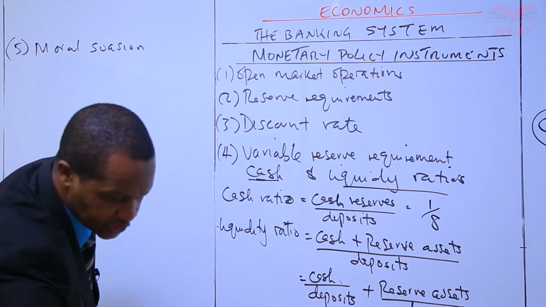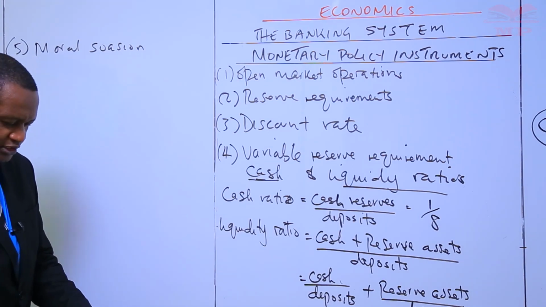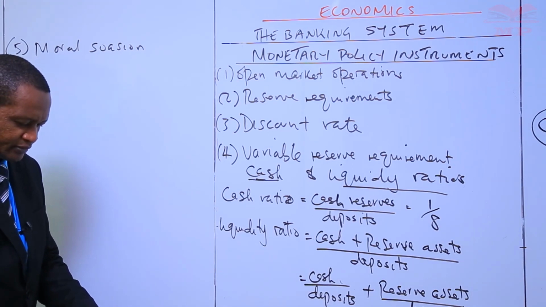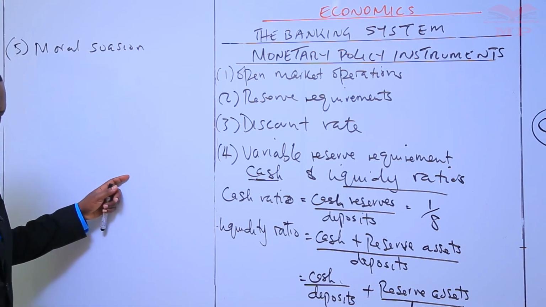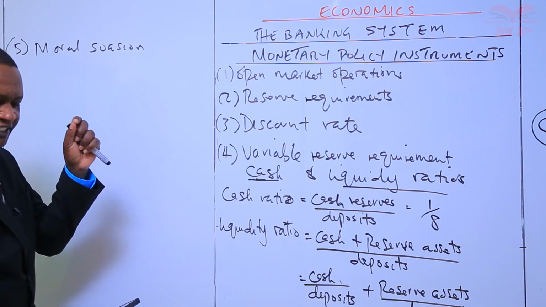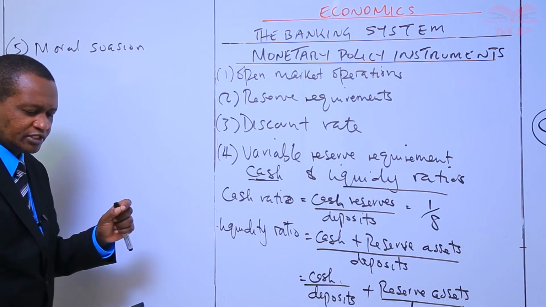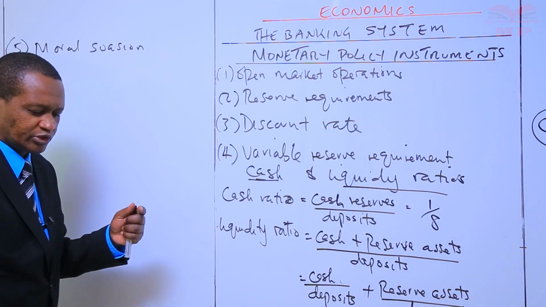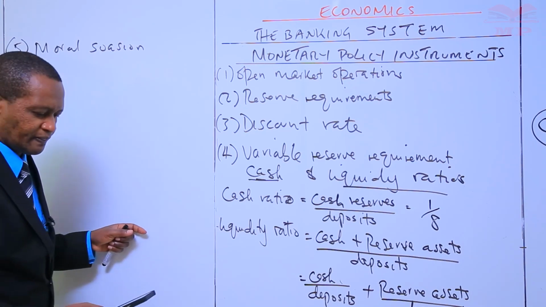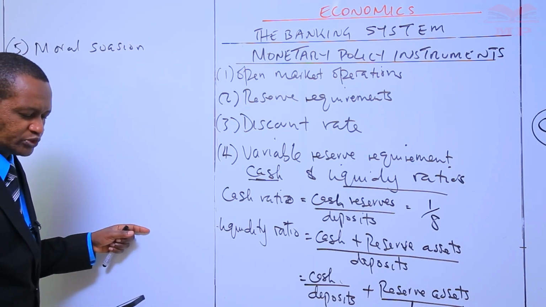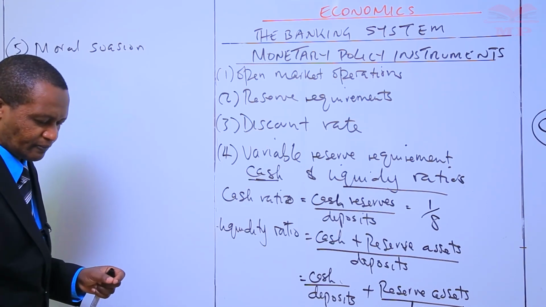And the dictionary meaning of moral suasion, candidates, is that moral suasion is the act of persuading a person or group to act in a certain way through rhetorical appeals, persuasion, implicit or explicit threats, as opposed to the use of outright coercion or physical force.